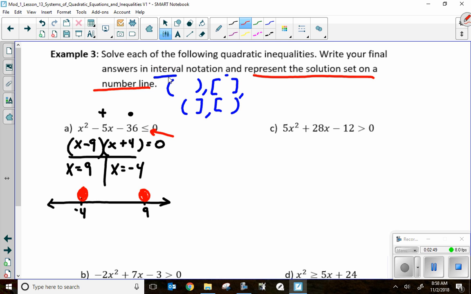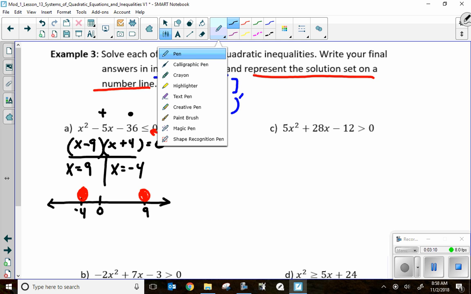Now we have to see, is my solution set going to be in between these 2 filled-in dots, or on the outsides of these 2 dots? The way we like to do that is we pick a number and test it. And I always like to pick 0, if available, because 0 makes things go away.